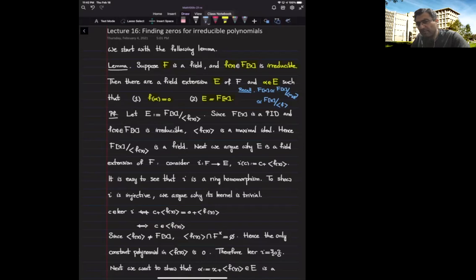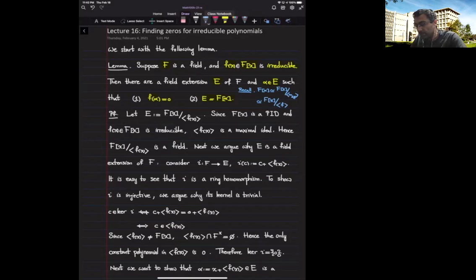In particular, alpha itself is the evaluation of the coset represented by x. So the coset represented by x should be a zero of f, should be my alpha. That's a reverse engineering of the proof.